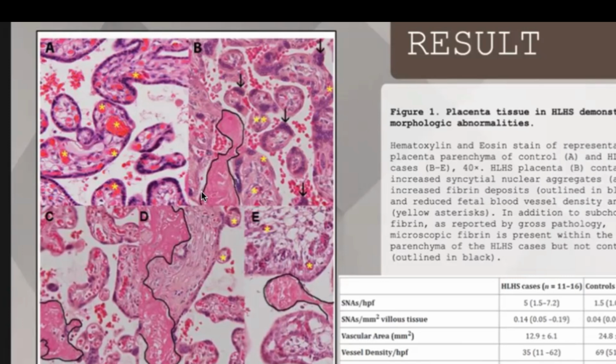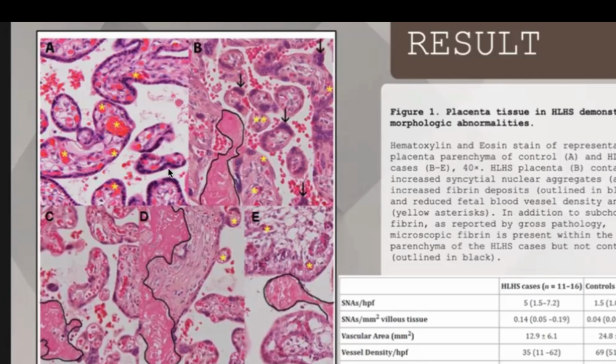In B, they have outlined here this fibrin deposition, and an increase in fibrin deposition basically shows that there may be changes in the blood flow into the placenta, and so it damages the syncytial trophoblast of the placenta. And so as a protective mechanism, this fibrin grows, trying to protect the placenta.